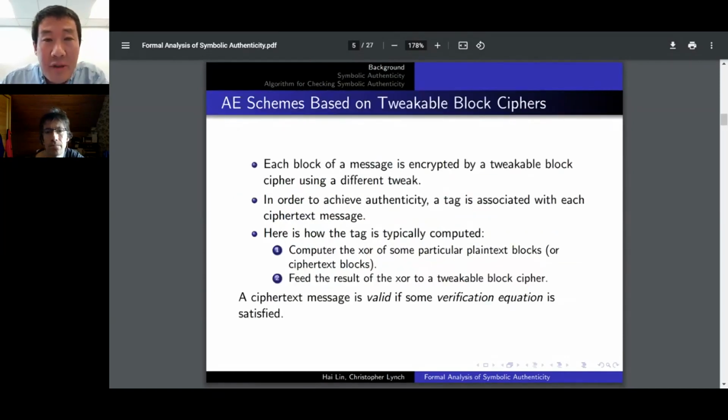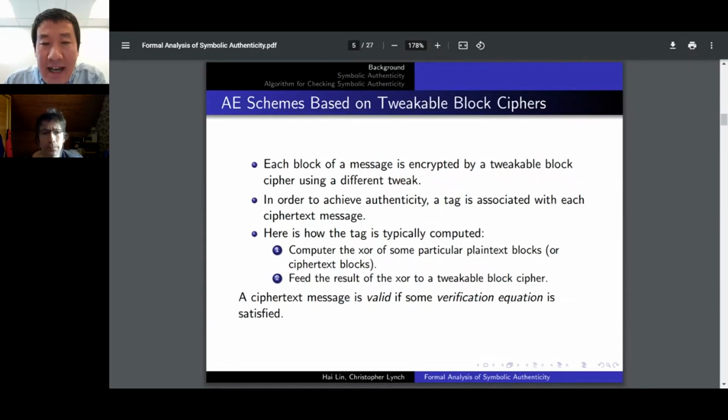So we can construct authenticated encryption schemes using tweakable block ciphers. And here's the basic idea. You process each block using a tweakable block cipher, but of course, each time you use a different tweak. Now, in order to achieve authenticity, you need to attach a tag to the ciphertext message.